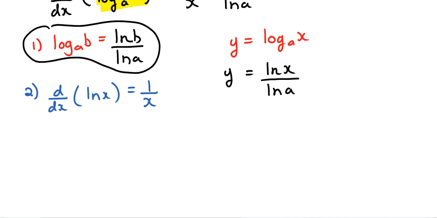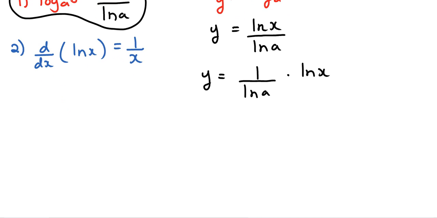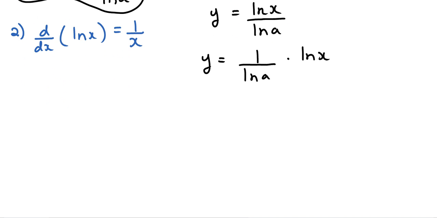And then what I can do next is rearrange the terms. So this will be 1 over ln a times ln x. I haven't really done anything there mathematically, I've just rearranged the terms. And then I'm going to go ahead and take the derivative of this. So I'll just say this is y prime or dy by dx, but y prime is fine.